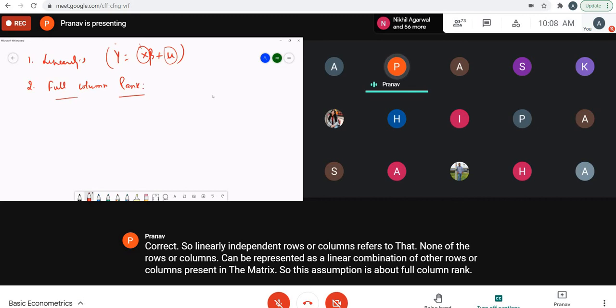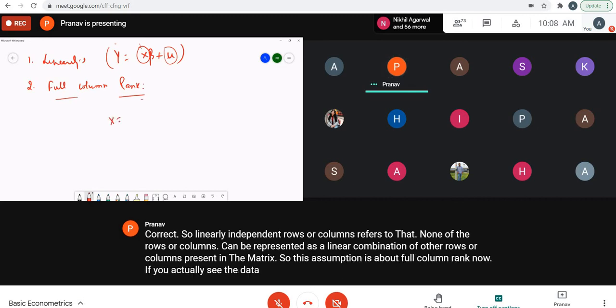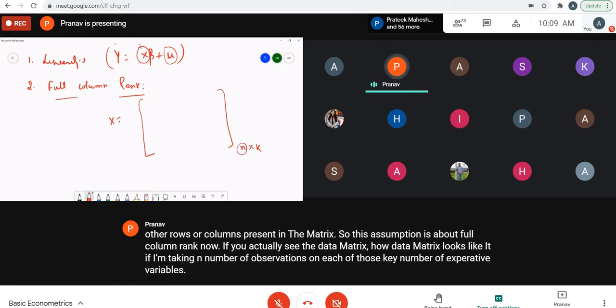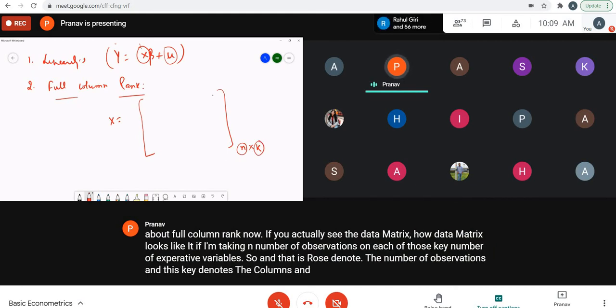Now if you actually see the data matrix, how a data matrix looks like, if I am taking n number of observations on each of those k number of explanatory variables, so n, that is rows, denote the number of observations, and this k denotes the columns, and columns here refers to the number of explanatory variables in the model.